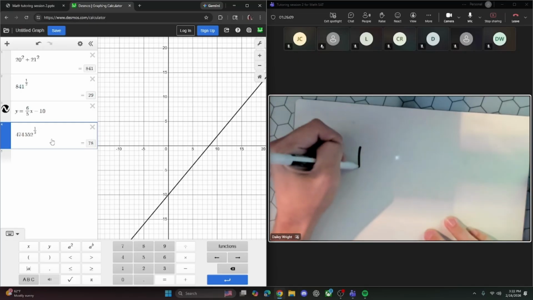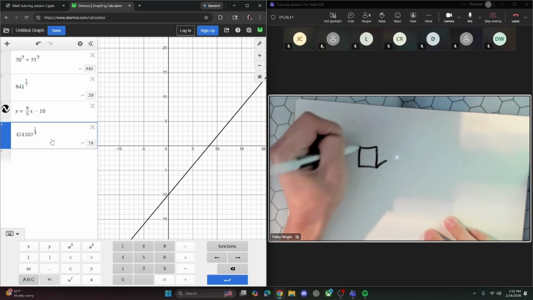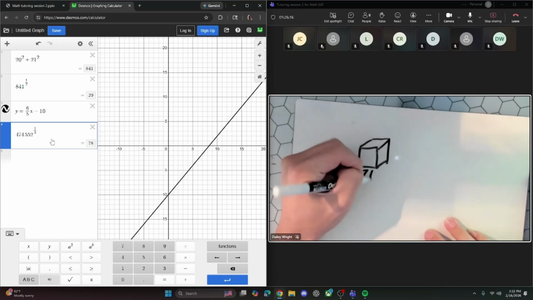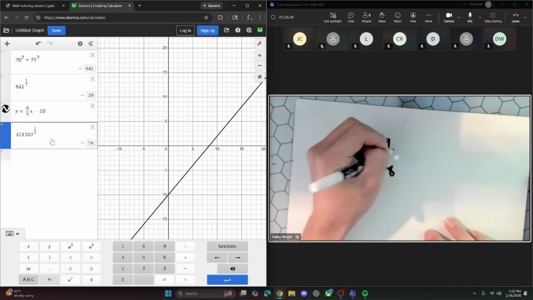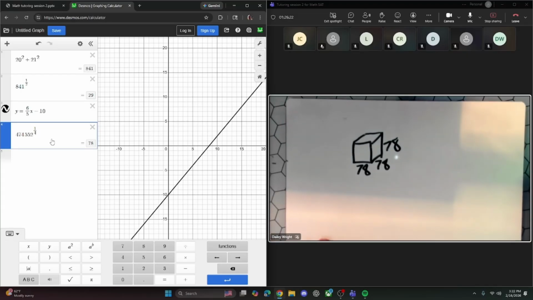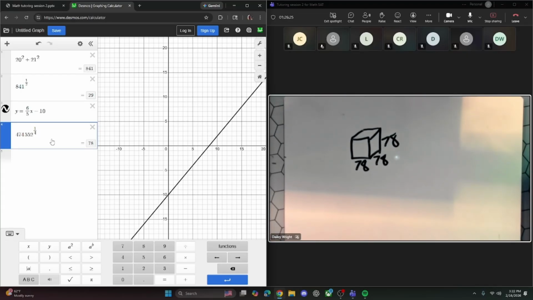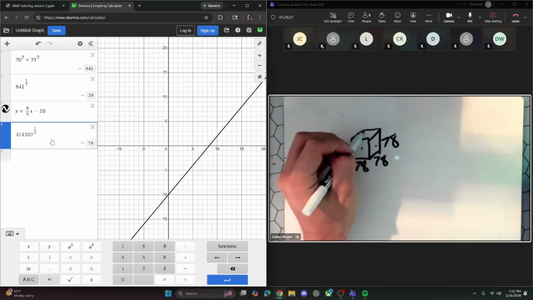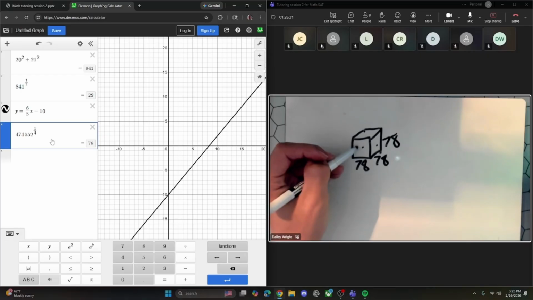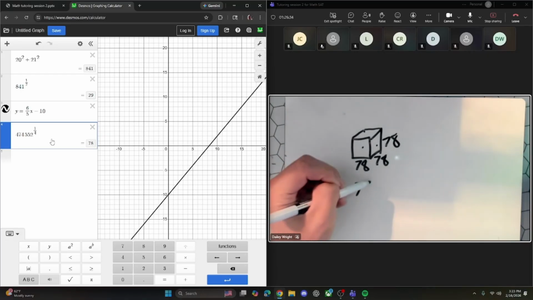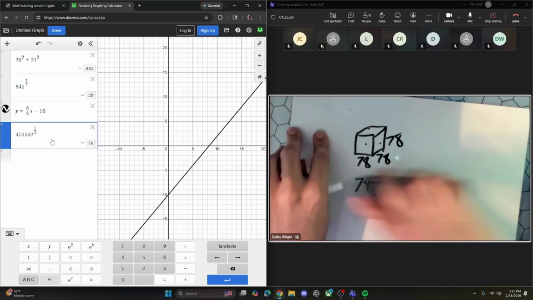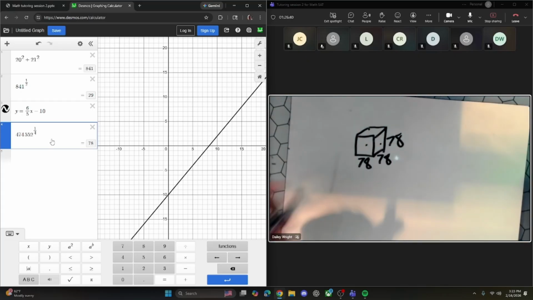Let me draw that cube back up. The side lengths of each of these is 78. And since this is a cube, each side is going to have the same area. So we can just find the area of one side and multiply it by 6, because that would be area plus area plus area.